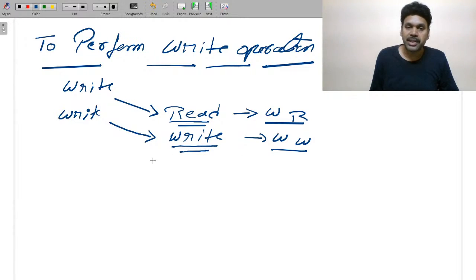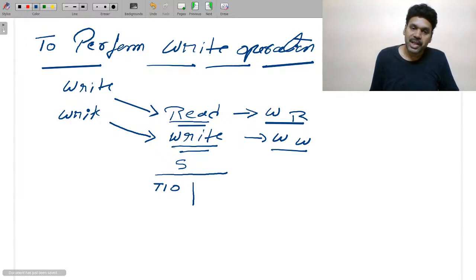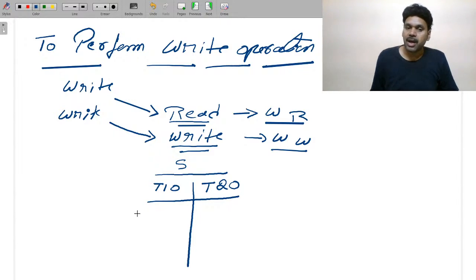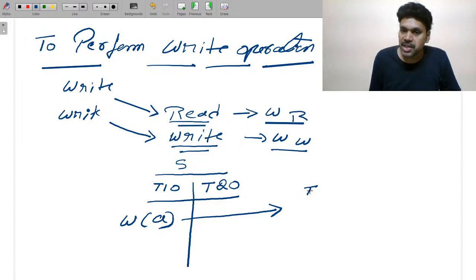So how does it work? Let us check it. There is a schedule S which consists of T10 and T20. And now it is asking for a write action on object A.